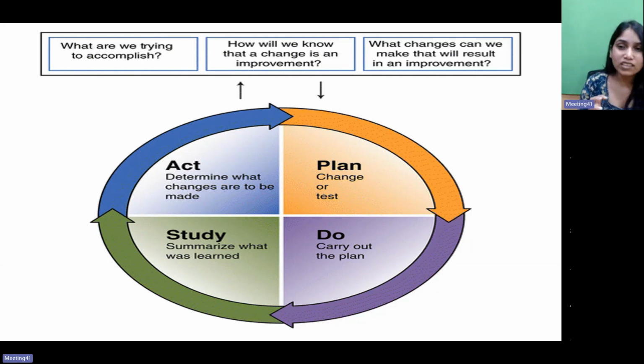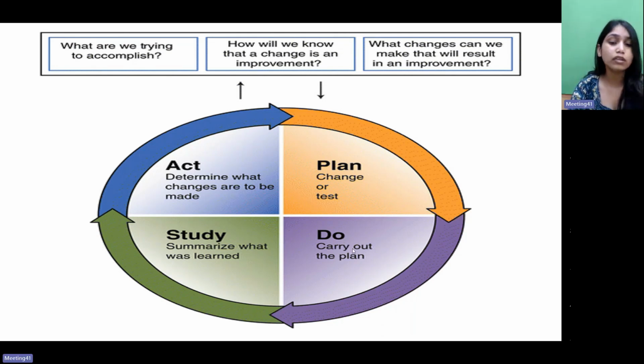So now, what changes can we make that will result in an improvement? Next we will think about what we can change for the improvement we are seeking, right? First we will plan. We will plan the change or test, like what we should change, right?